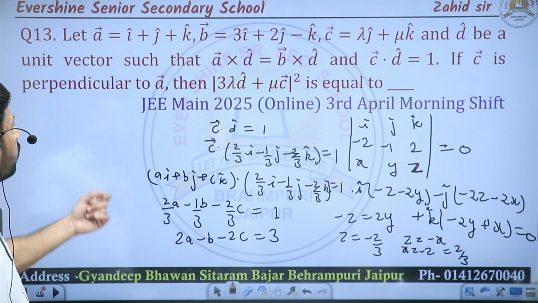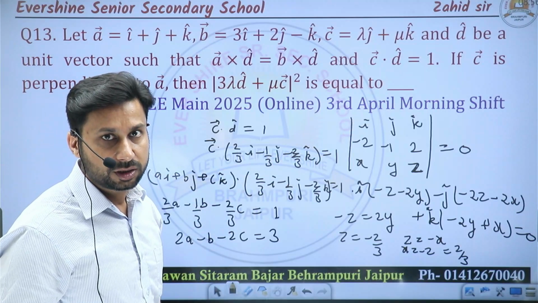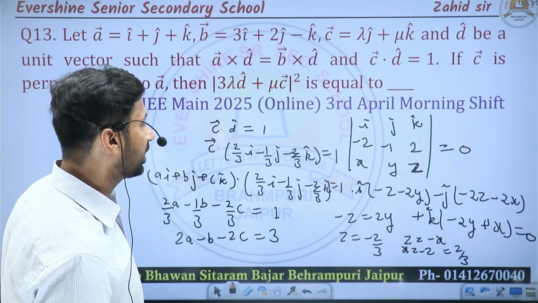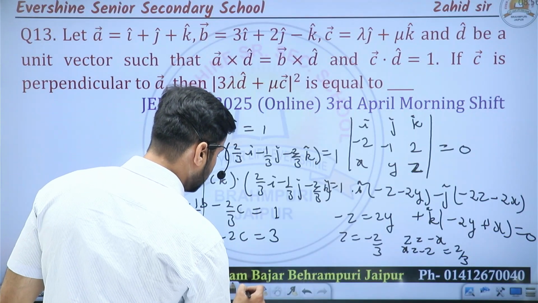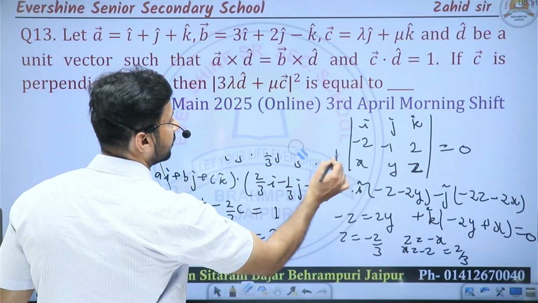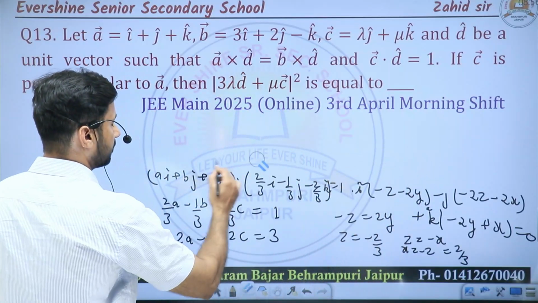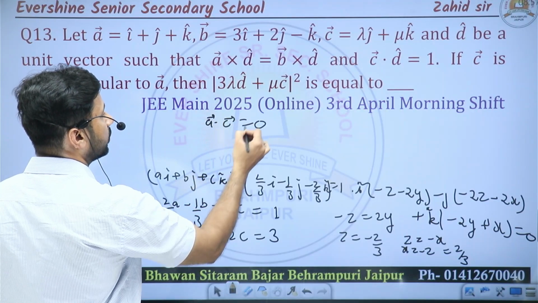Now the second can be formed by the dot product of c and a, because c and a are perpendicular, and we know in perpendicular vectors the dot product is always equal to 0. So a dot c will be equal to 0.